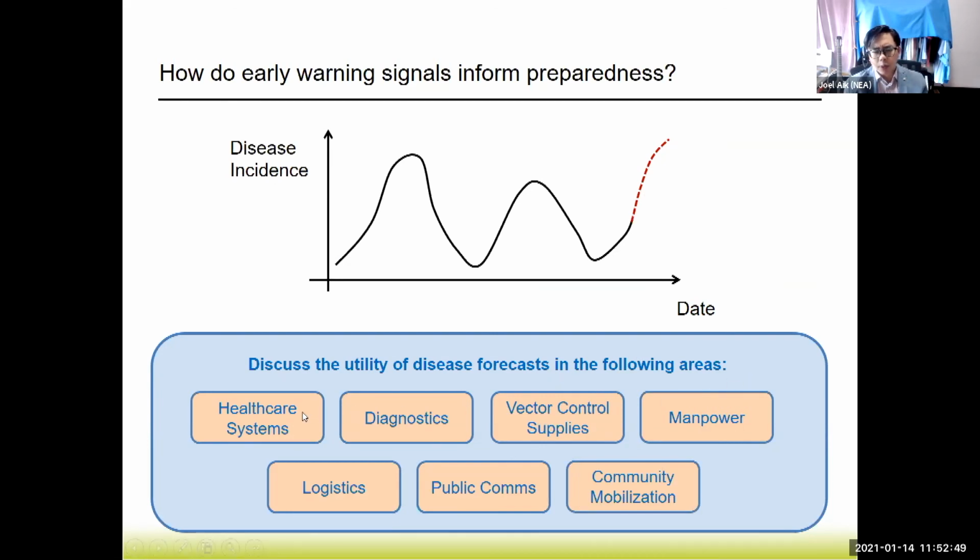So in terms of healthcare systems, what would you do in terms of preparing your diagnostics, chemicals? How would that inform the number of people or inspectors that you would need to get ready? Different logistics, different public comms plans, and how you would mobilize the community. What plans do you have, and so on and so forth.